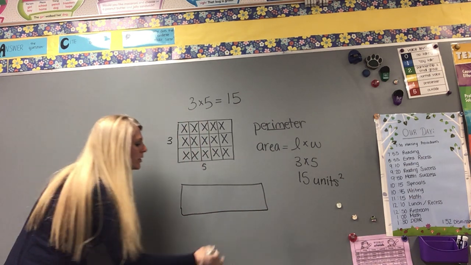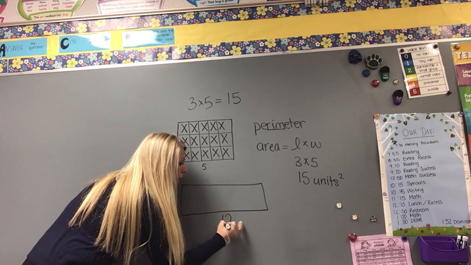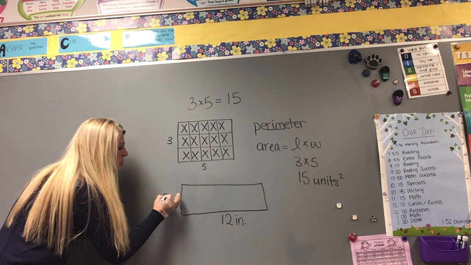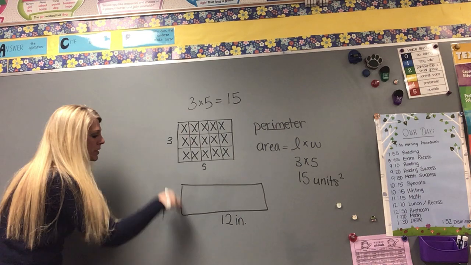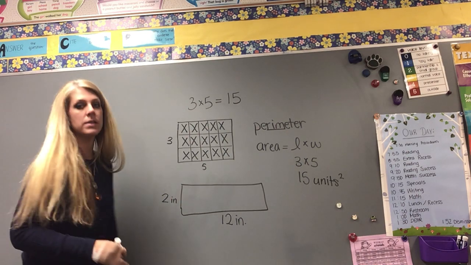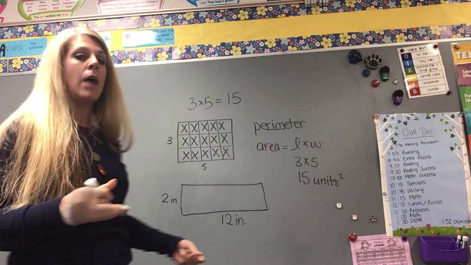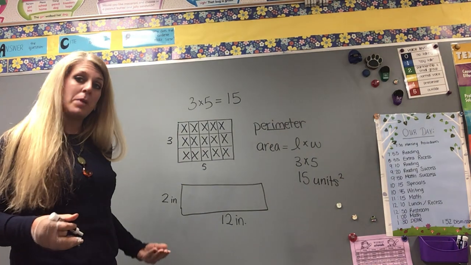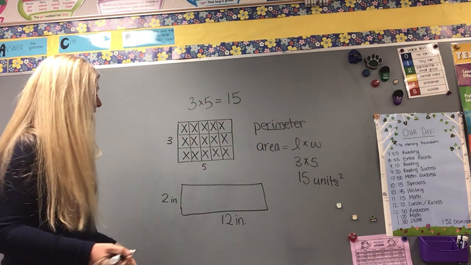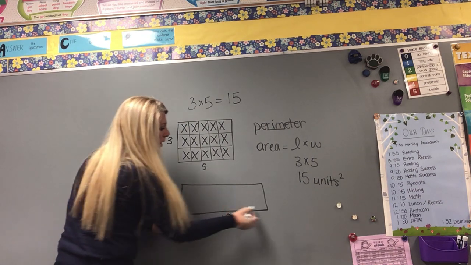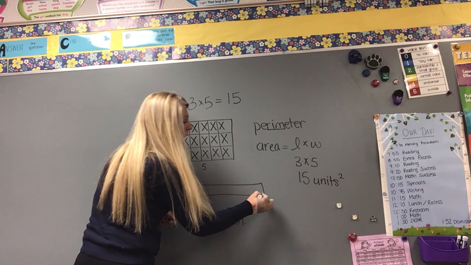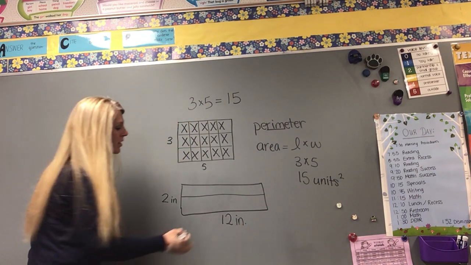It is 12 inches across the bottom, and it's 2 inches across the height, or the width in this case, since it's a flat shape. We want to know how much space is on the inside. If you picture it like an array, this is 12 inches this way, and we have 2 groups of them.